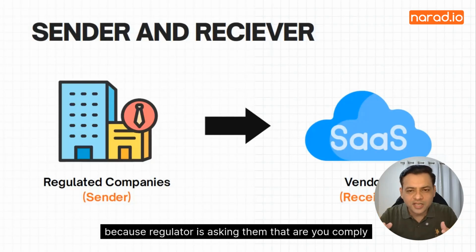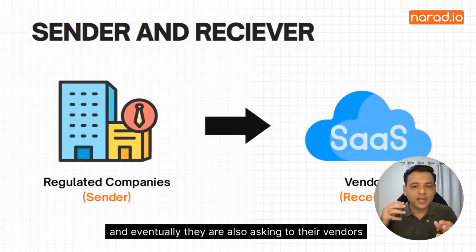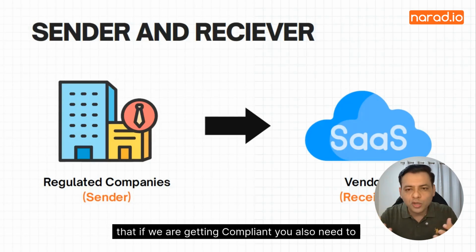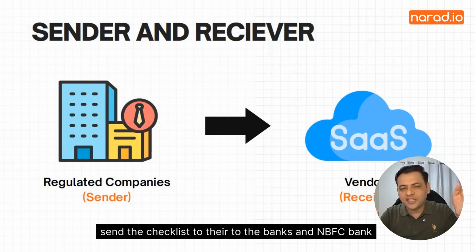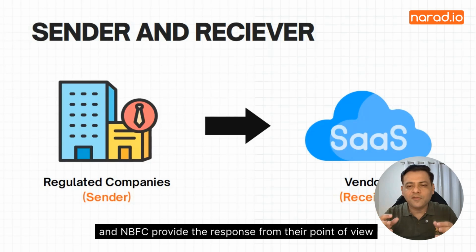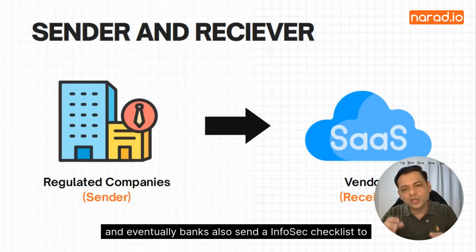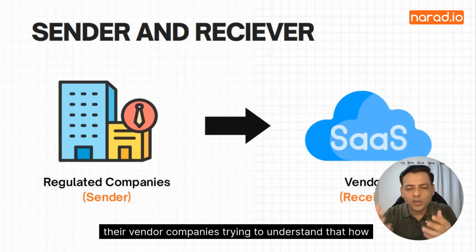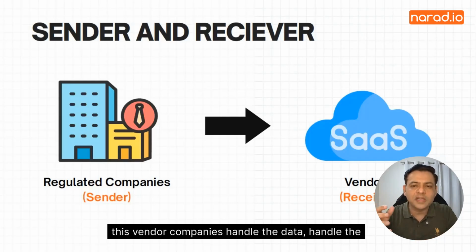Because the regulator is asking them whether they comply, and they are also asking their vendors that if we are getting compliant, you also need to comply. If you look at the overall flow, regulators send the checklist to the banks and NBFCs. Banks and NBFCs provide the response from their point of view, and banks also send an InfoSec checklist to their vendor companies, trying to understand how these vendors handle the data and security.